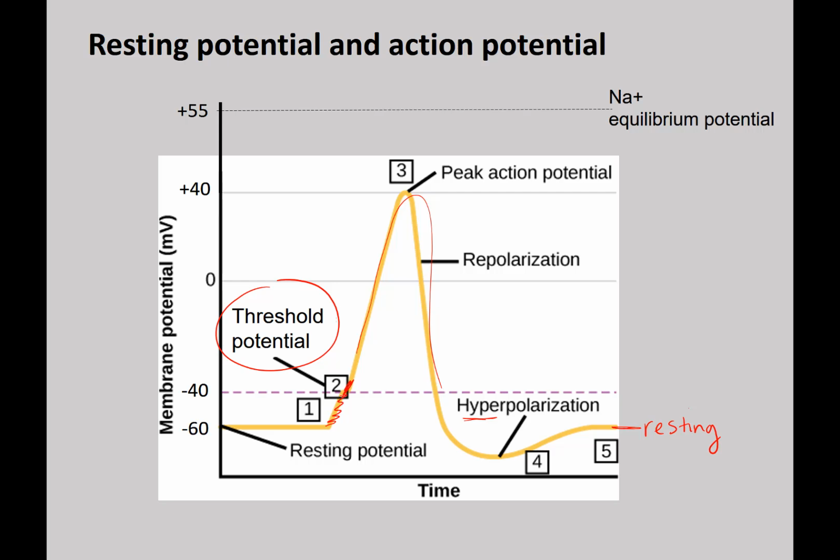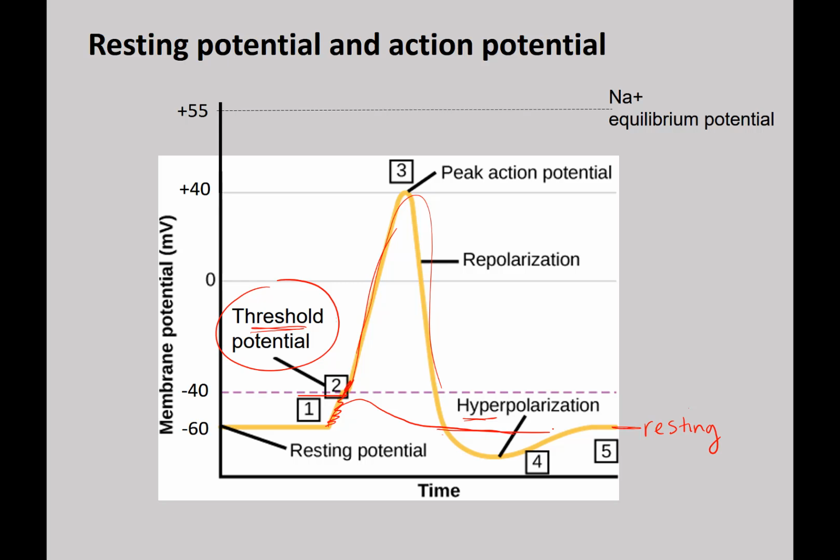If you only have a little bit of change in the voltage on the membrane, it's not enough to get enough ion channels open to make an action potential. So the threshold potential is the value that has to be passed in order to initiate an action potential. If the signal is not strong enough, you just go back to resting.